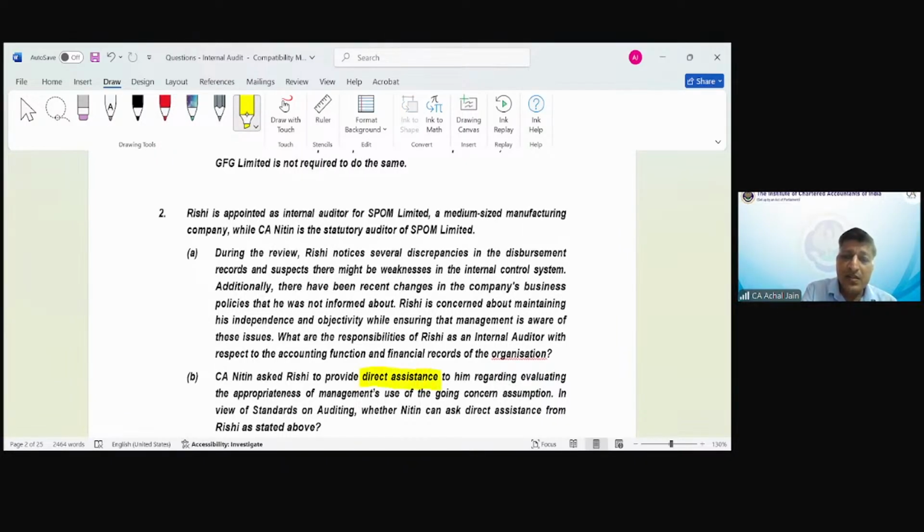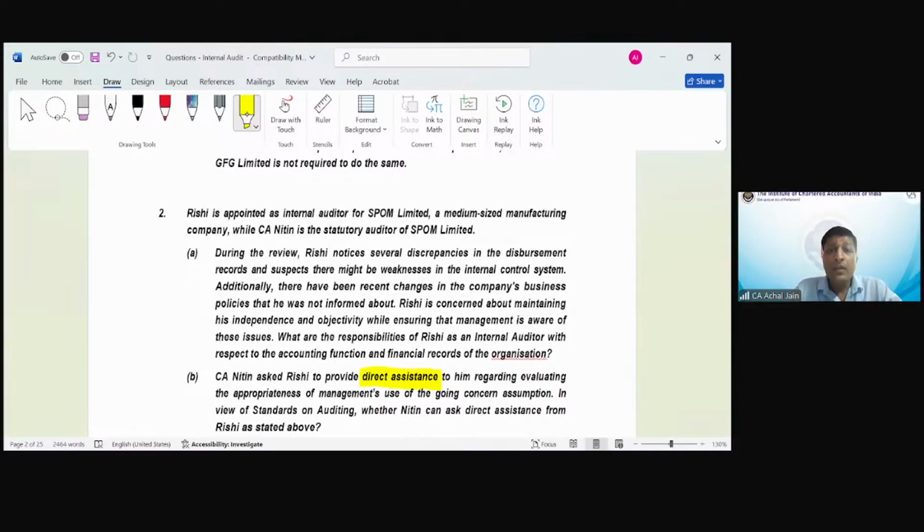Direct assistance regarding evaluating the appropriateness of management's use of the going concern assumption. So it seems the statutory auditor is planning to involve the internal auditor in his audit procedures. He is trying to make the internal auditor part of his audit team. Appears to be like that.